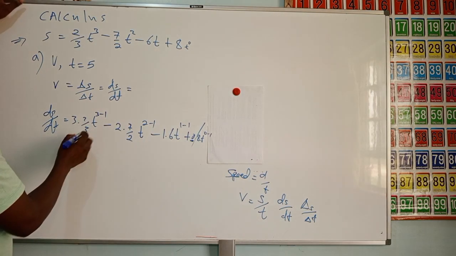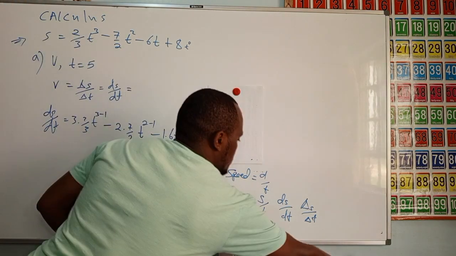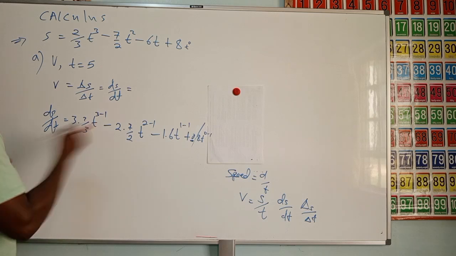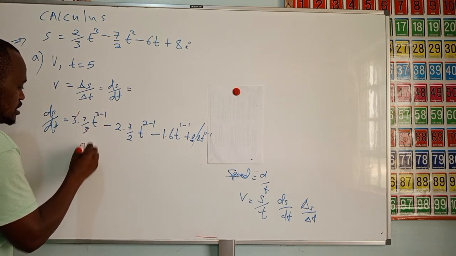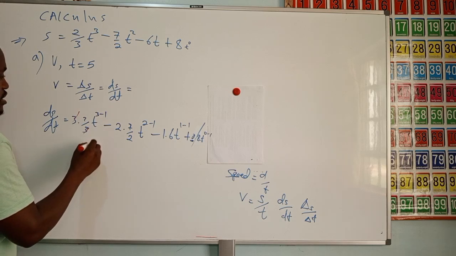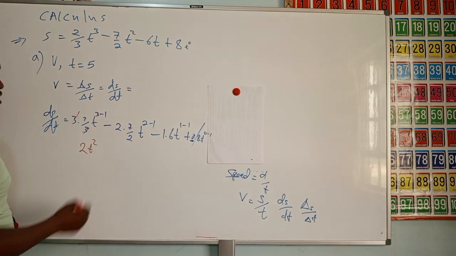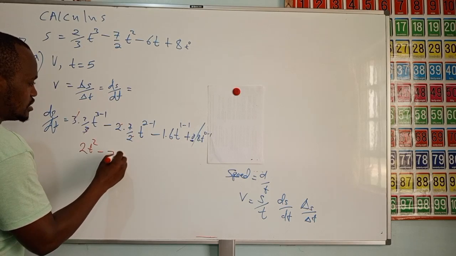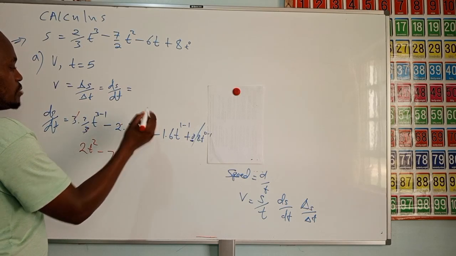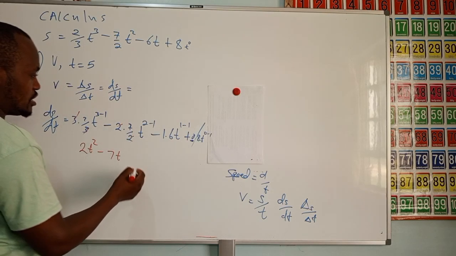Then here you can now write, well, you have 3 cancel with 3, you have 2t raised to 2, 3 minus 1, minus these 2 and 2 go, you have 7t raised to 2 minus 1 is 1, so you don't indicate it.